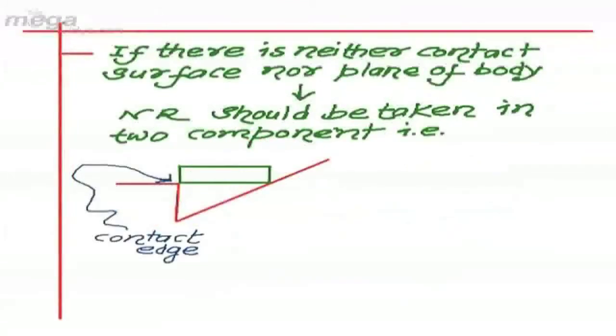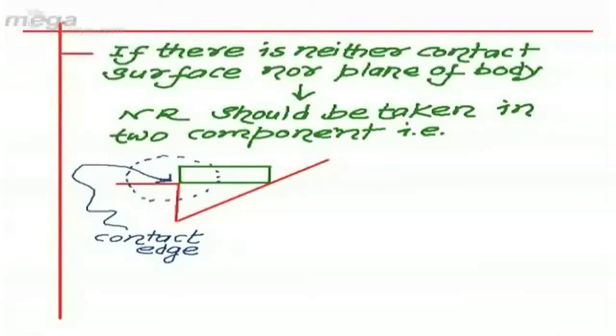Here in this case, one contact is with the contact surface, as we had discussed earlier. But if we take this side or this contact into consideration, then this is the surface and this is its one edge.